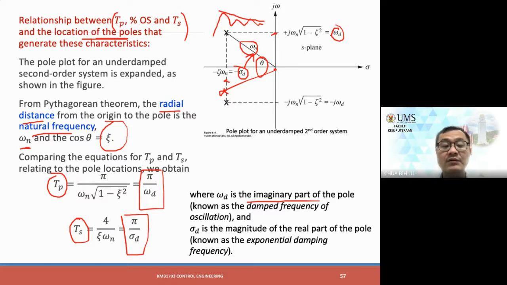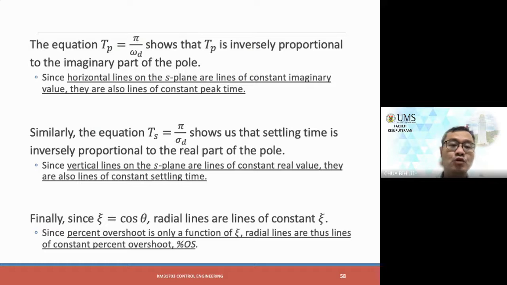So pi divided by sigma d. So that is another way of finding the TP and the TS from the root locus or the S plane. So that is how we can show it.